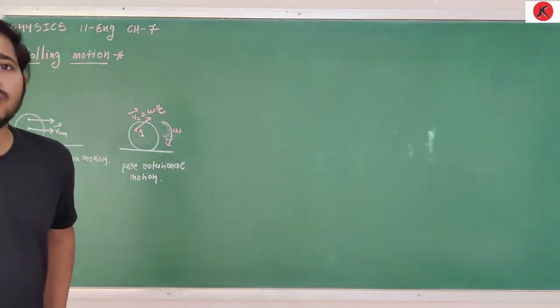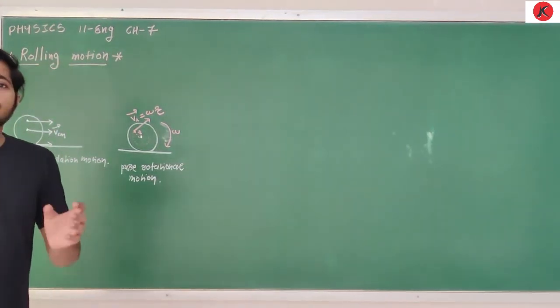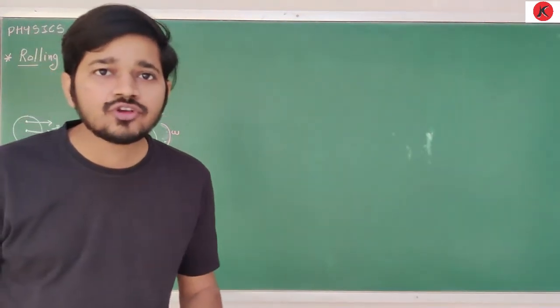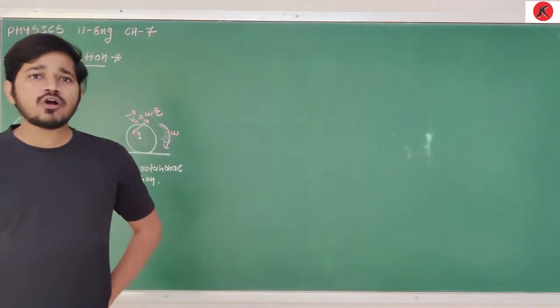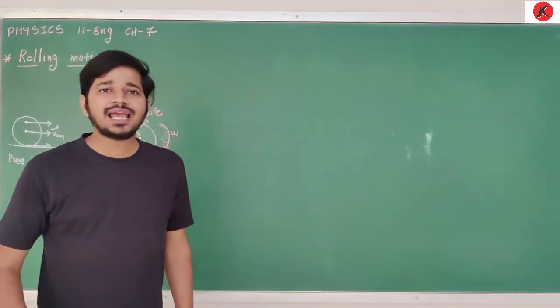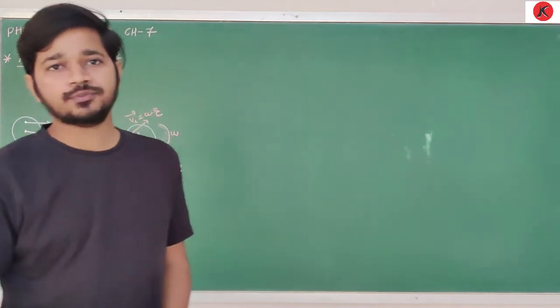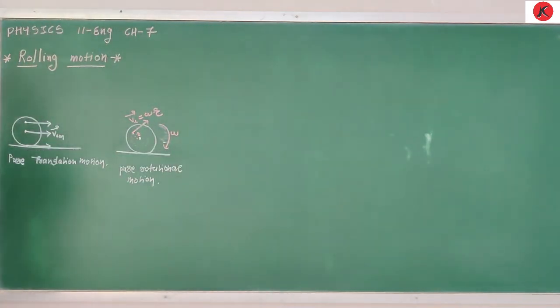Now we will see what is rolling motion. Rolling motion is the combined effect of translational motion and rotational motion. Here I will write one statement.